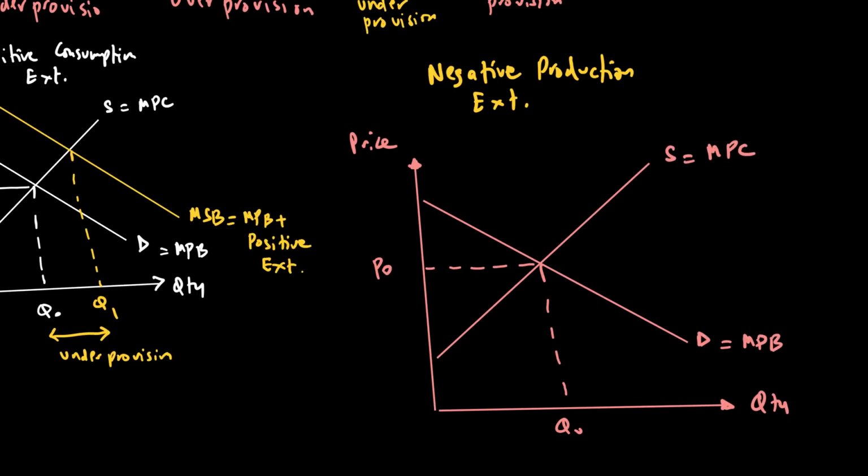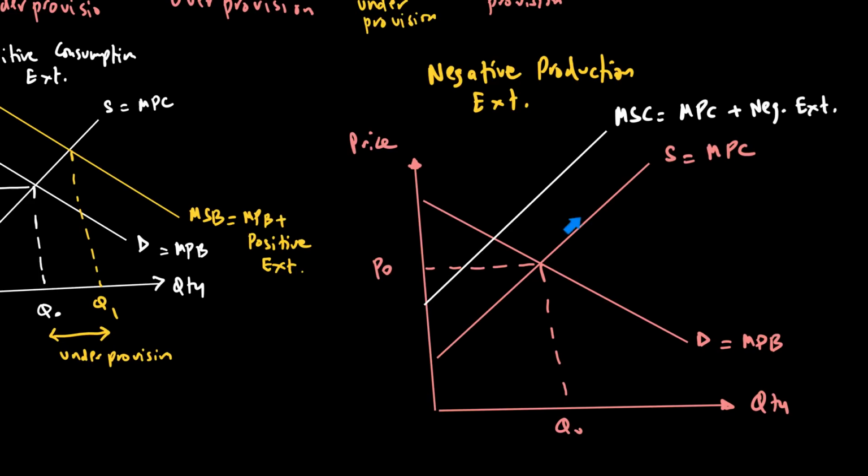A good example of negative production externality would be a producer who is dumping waste in the river. If he's doing so, your marginal social cost is more than the marginal private cost. So marginal social cost is equal to marginal private cost plus negative externality.